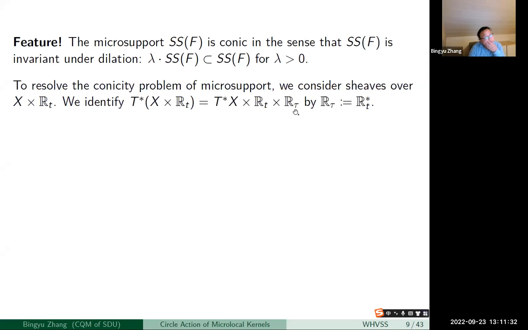To resolve this problem, we introduce an extra factor R_t, and we consider sheaves over X times R_t, and we identify the cotangent bundle of X times R_t in this way, where tau is given by the dual vector of t.